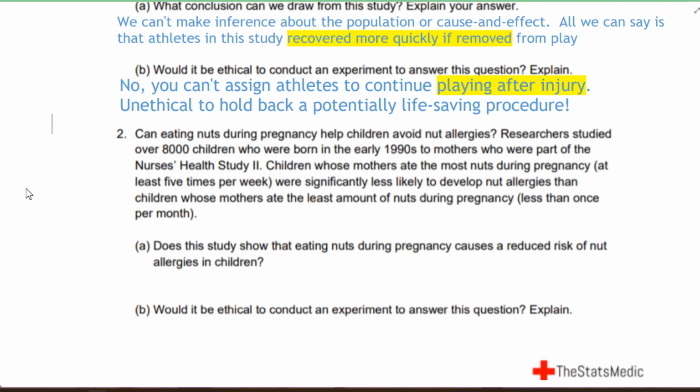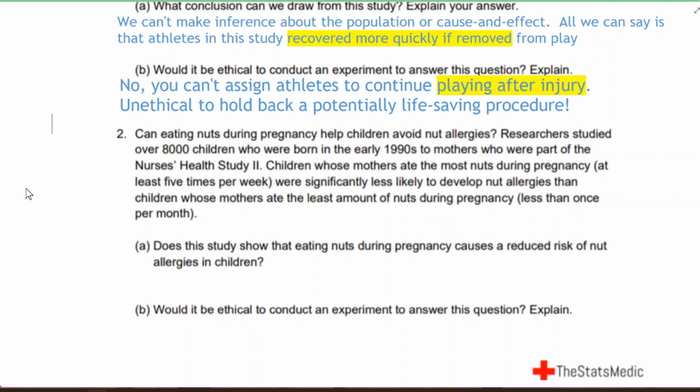It sounds like a very large, big sweeping study of patients under nurse care. Children whose mothers ate the most nuts during pregnancy, at least 5 times a week, were significantly, and again that's statistically significant, less likely to develop nut allergies than children whose mothers ate the least amount of nuts during pregnancy, less than 1 per month.